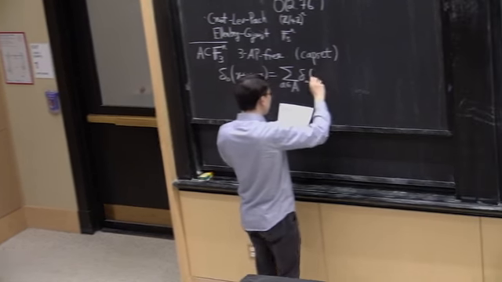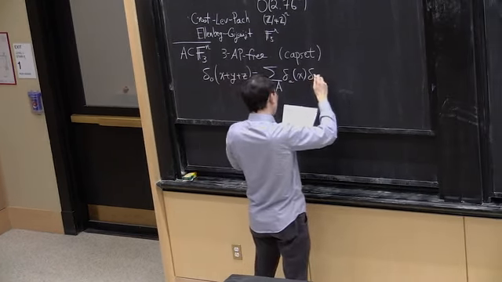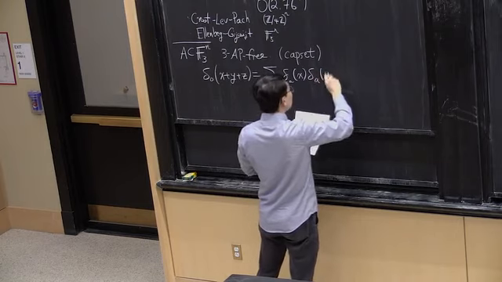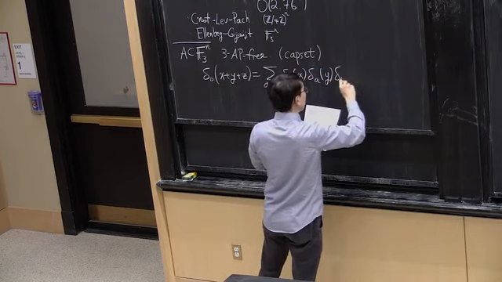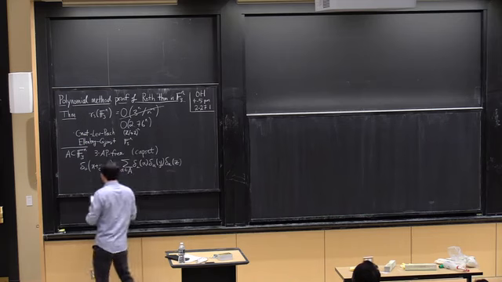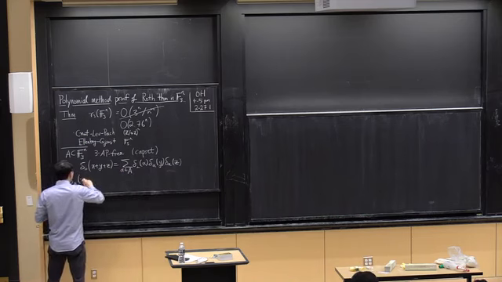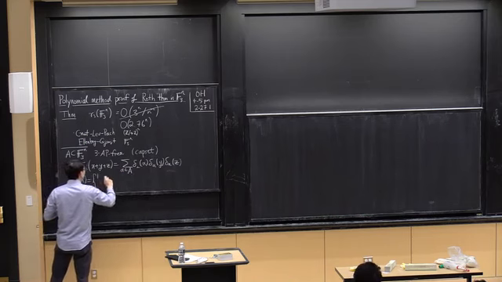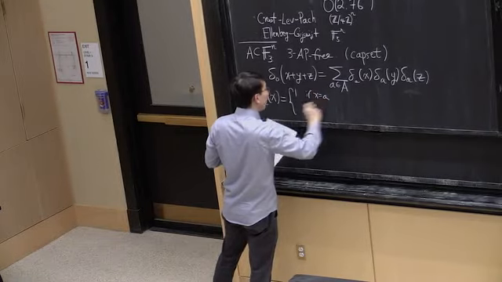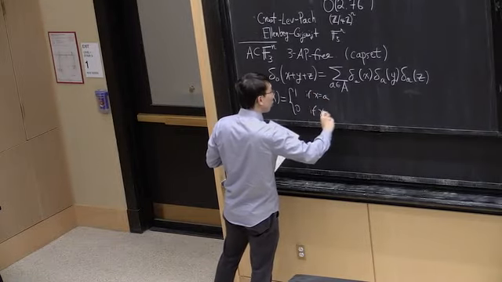Here delta is the Dirac delta: delta_a(x) is 1 if x equals a and 0 if x does not equal a.